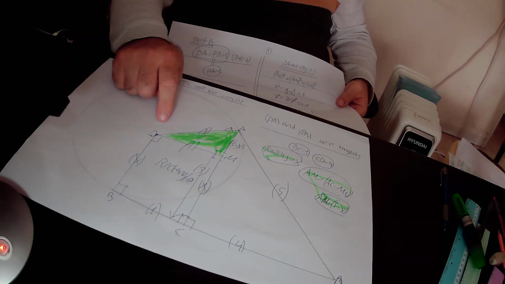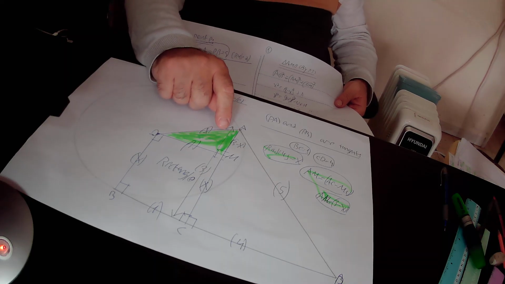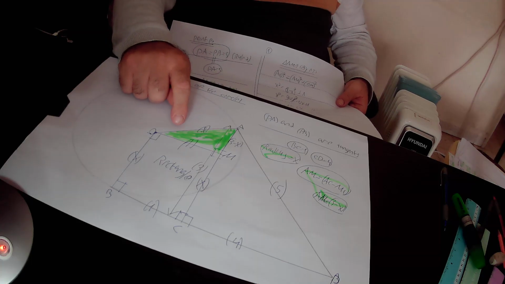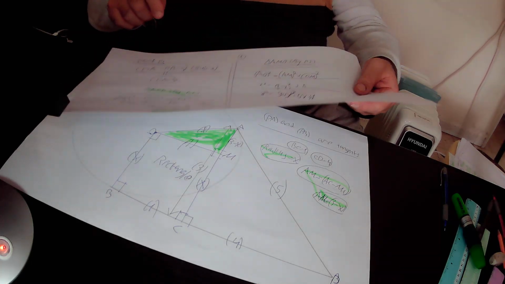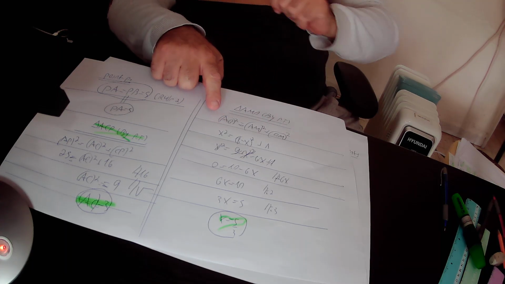AO is x, therefore AO squared is x squared, and it equals AM squared. AM is 3 minus x, and therefore AM squared is (3 minus x) squared, plus OM squared. OM is 1, therefore OM squared is 1 squared, it is 1. So we find that x squared equals (3 minus x) squared plus 1.